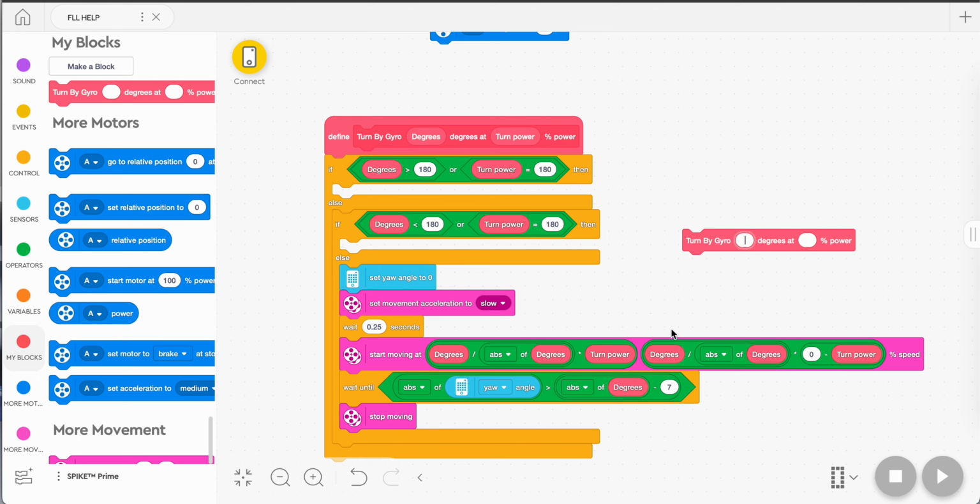So again, just remember, negative is going to be turning to the left. Positive, you should just leave it alone. It's going to be turning to the right. The turn power is going to depend on how fast you're going to go.